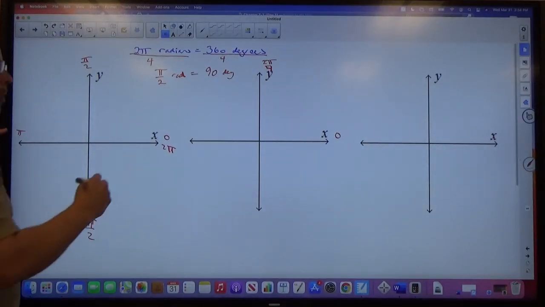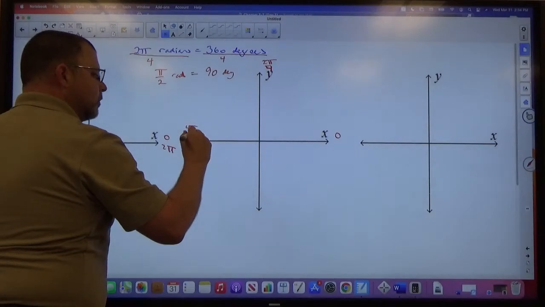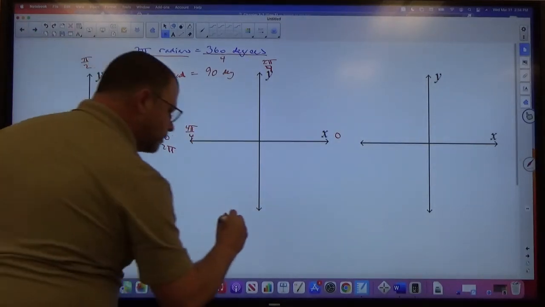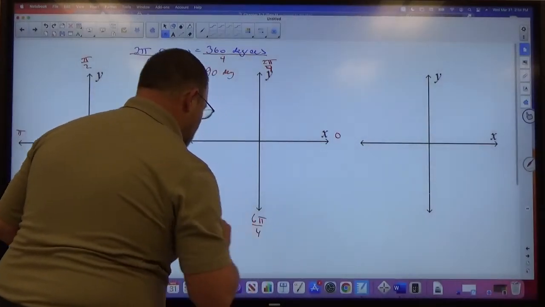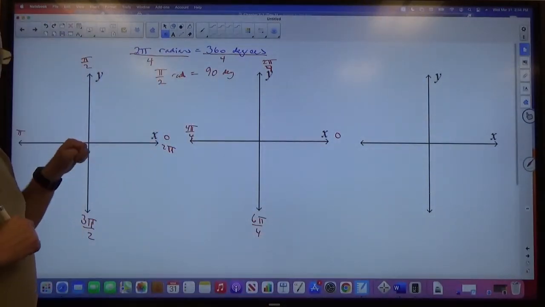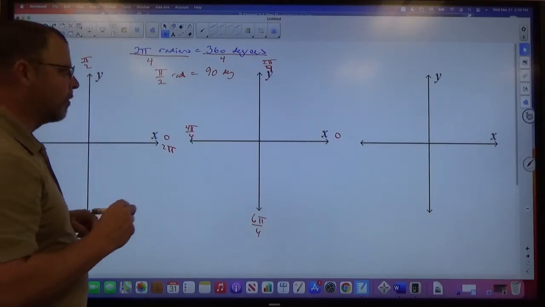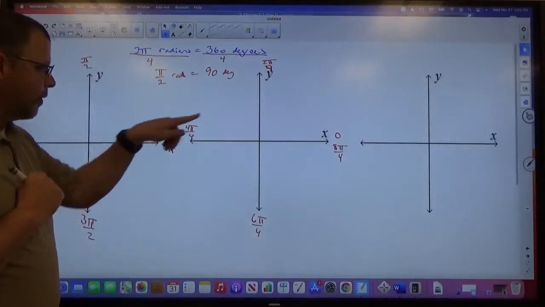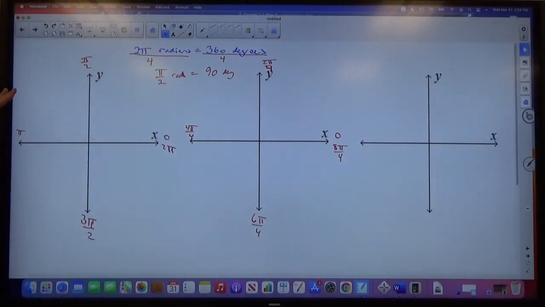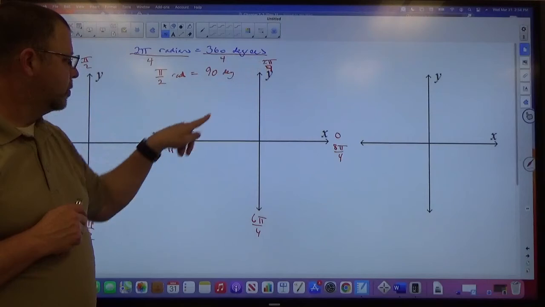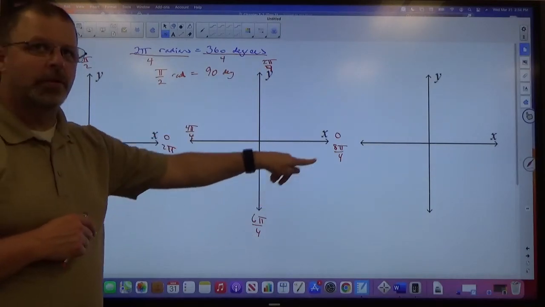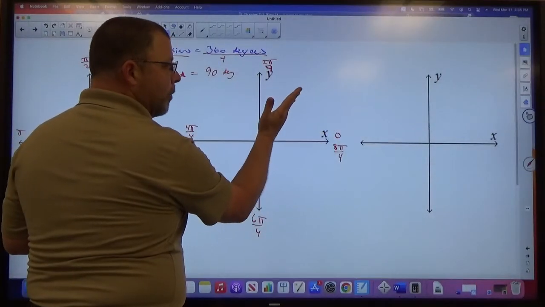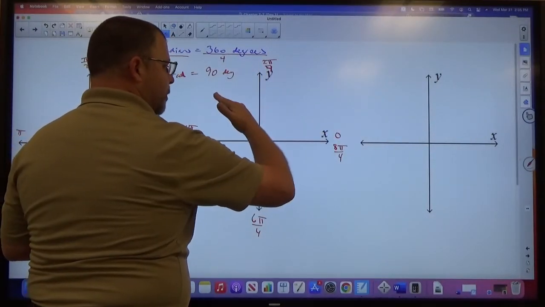Pi is 4 pi over 4. 3 pi over 2, double is going to be 6 pi over 4. 2 pi, quadruple is going to be 8 pi over 4. Would everybody agree that these numbers correspond to these numbers? If I just reduce the fractions, that's pi over 2, that's pi, that's 3 pi over 2, that's 2 pi, right? Okay.